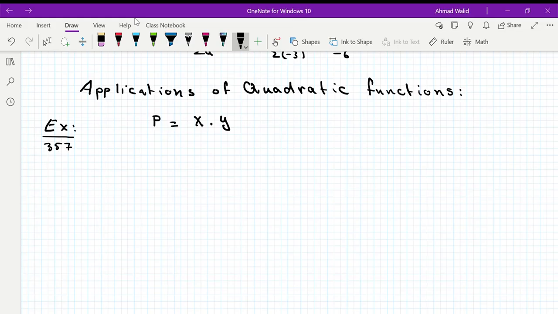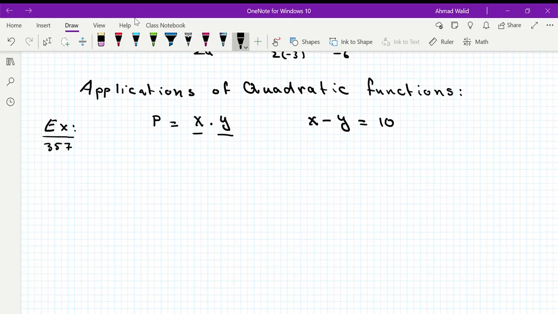The other part of the problem says the difference between these two numbers is 10. The difference between x and y is 10. It means I can write x minus y equals 10.